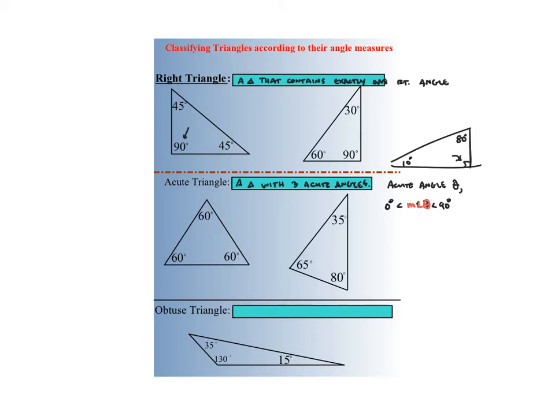Now an obtuse triangle is a triangle with exactly one obtuse angle. For example, we've got this 130 degree angle here. If you have an obtuse angle, that will guarantee that your other two angles will be acute.